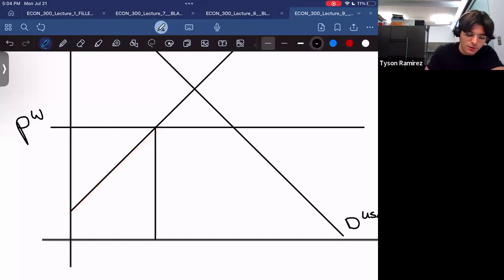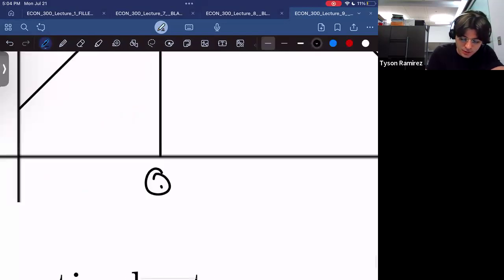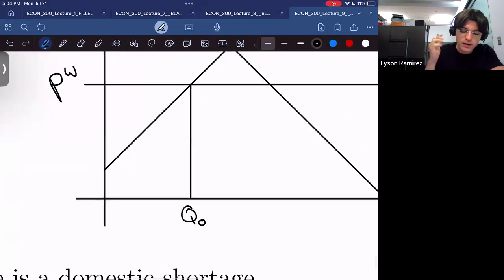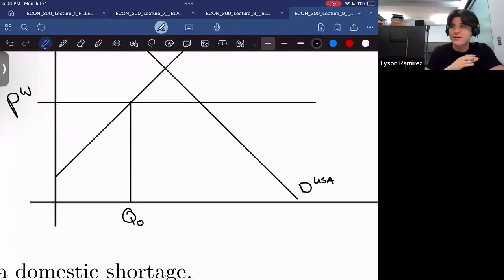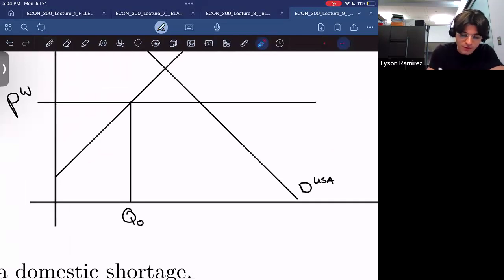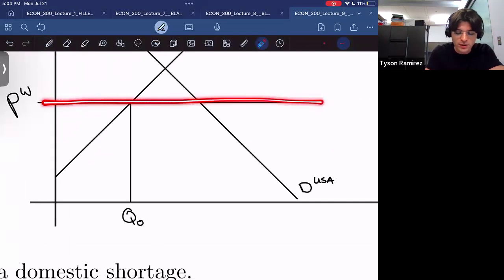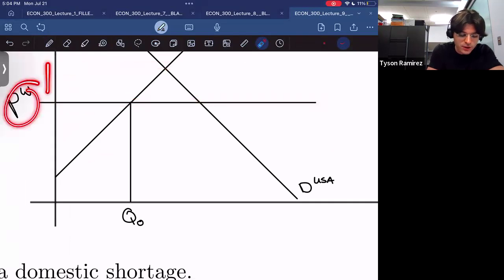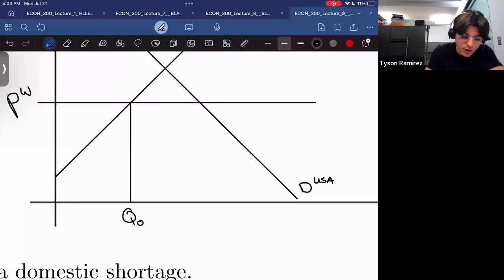And then it's no longer profitable for the domestic guys to produce at home. But we have more demand than supply. All right. Following this, world price is low, right? Equilibrium in the US would have been a higher price. It would have been something up here. But since world price is lower, our demand is very high.